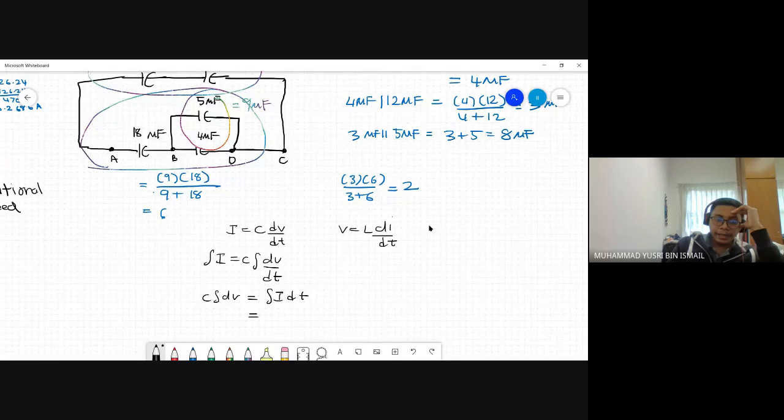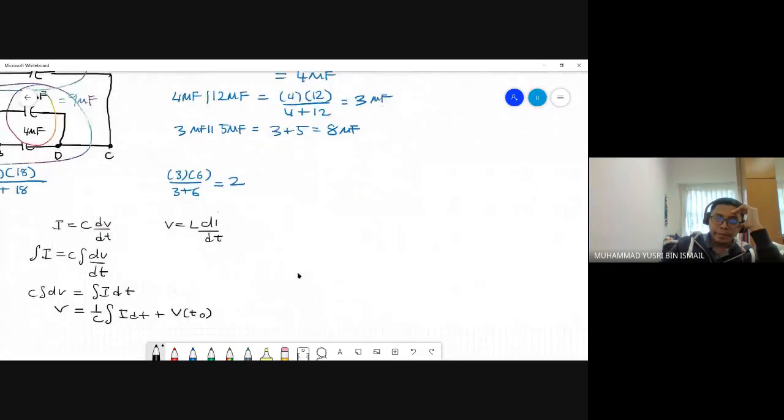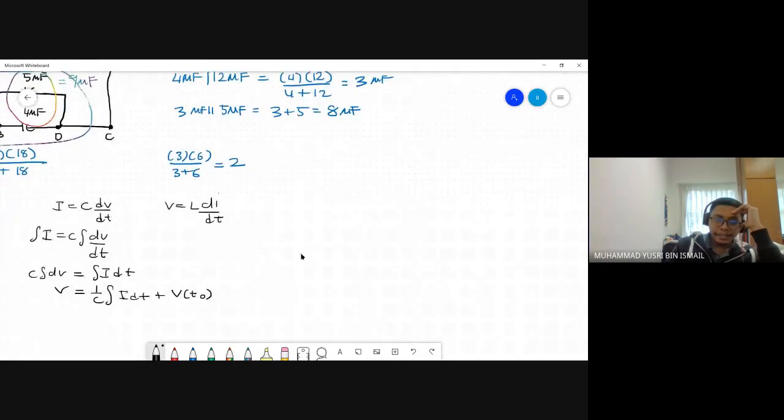And then V equals 1 over C integration of I dt plus V at t naught. This is the integration.